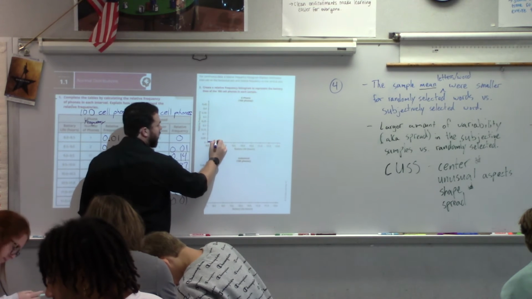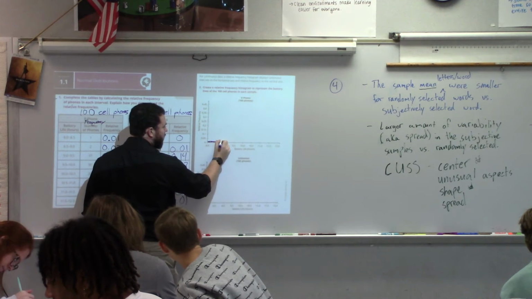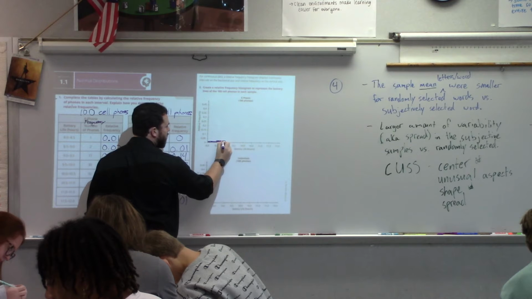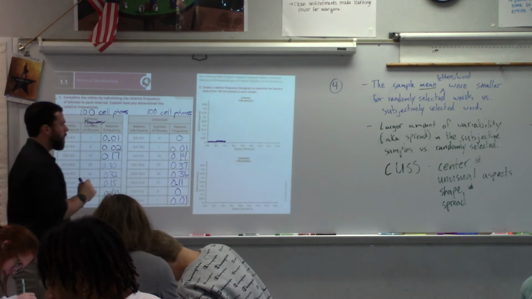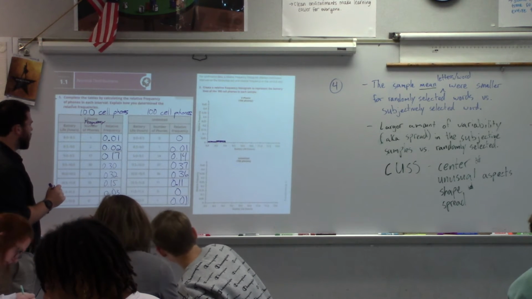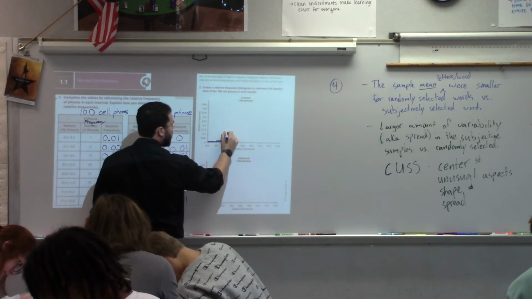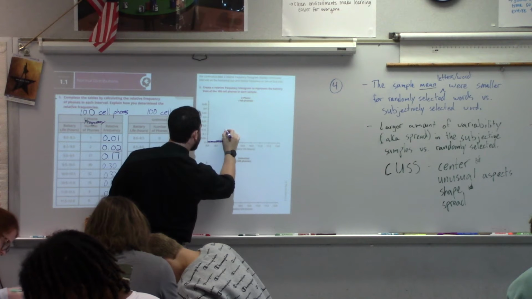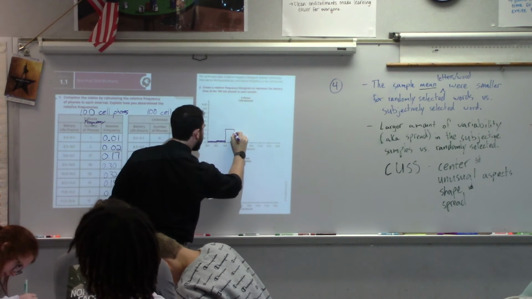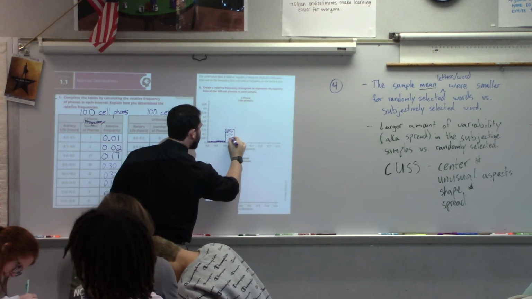So I'm going to go a little bit above it. 9.0 to 9.5: 0.17, so I'm going to go a little bit above 0.15. And I'm going to draw these bars in.